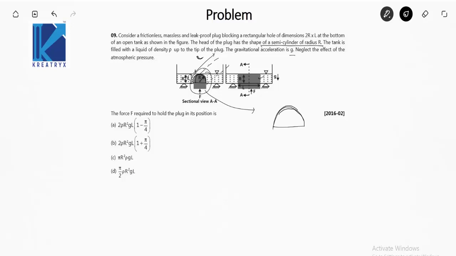Let's draw a rough figure. This extends backwards, imaginary. This length is L, because this is a semi-cylinder of radius R. This is R, this is R. Let me complete this.